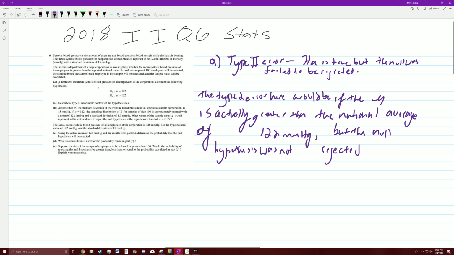It was not rejected, and mu was stated to be equal to 122. That's part A done. Now let's look at the next part, part B.